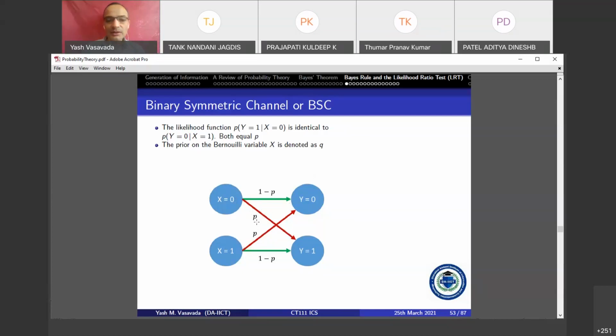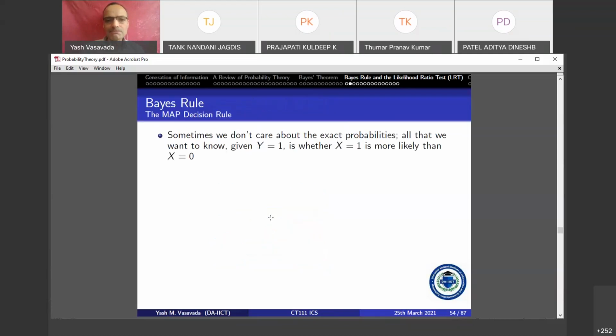So the error probability, or the crossover probability, 0 into 1 or 1 into 0 is symmetric. For 0, the value is p. For 1 also, the value is p. And that is why this is called a symmetric channel. So it's actually a simplified case of that Bayesian channel that we had looked at earlier.